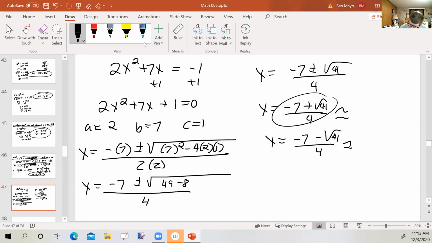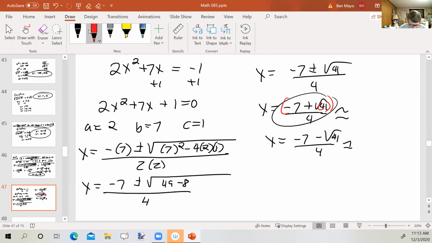And recall, we're going to need to group the numerator so that we divide the whole thing by 4. So I'm going to have parentheses, negative 7 plus the square root of 41, which I'm going to close up because there's a set of parentheses around the 41, and then close the whole thing up, divided by 4.